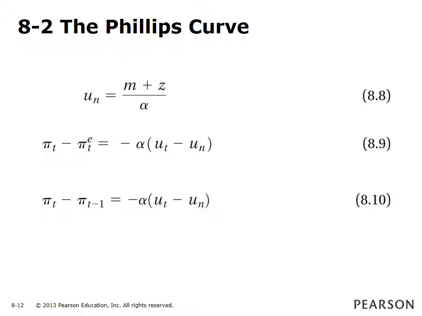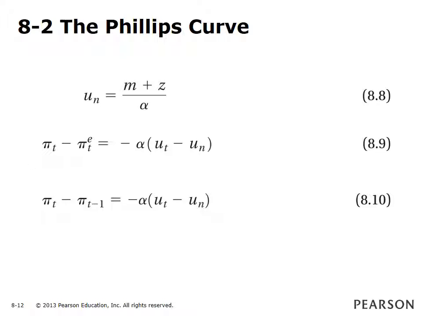Equation 8.9 is derived from equation 8.3 by rewriting the terms so as to give us an important relation between the change in inflation and the deviation of unemployment from the natural rate of unemployment. Equation 8.10 is obtained by using the information that the expected inflation rate in year t is equal to the inflation rate in year t minus 1. Equation 8.10 gives us two important relations. 1.